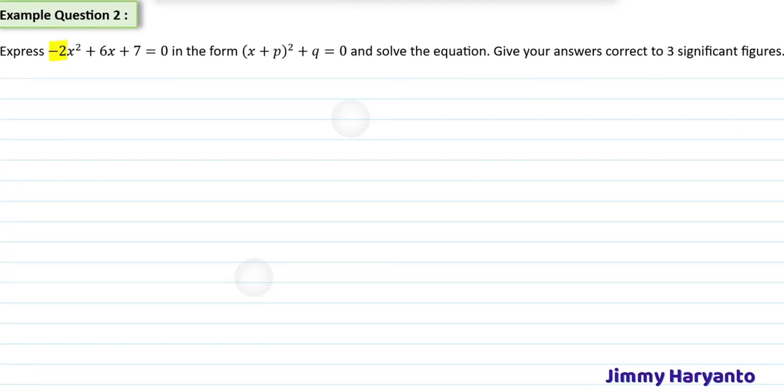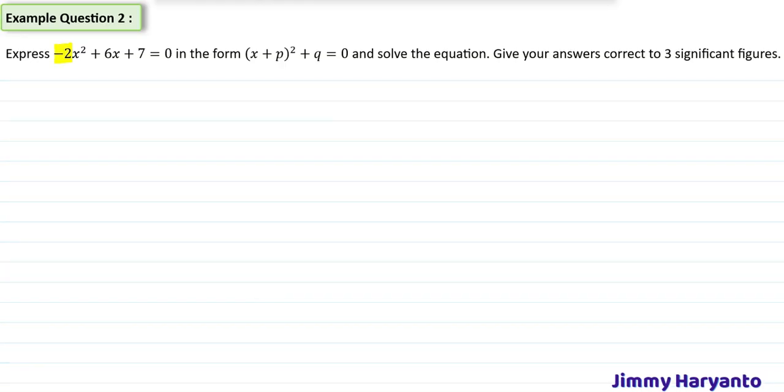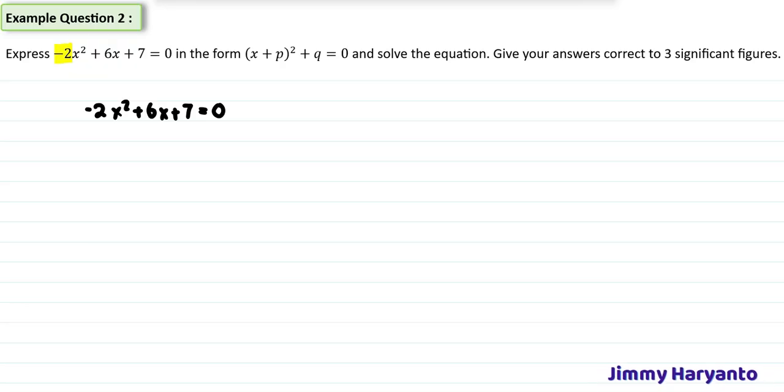So for expressions with numbers in front of the x squared, you have to make it into x squared only. So when you have negative 2x squared plus 6x plus 7 equals 0, you cannot complete the square of this expression directly.